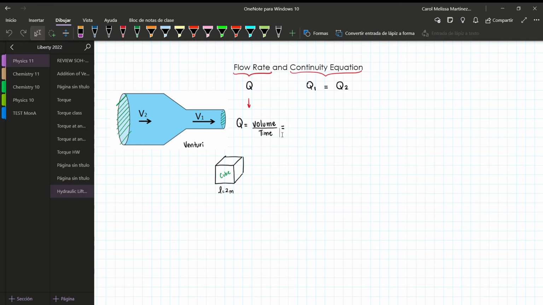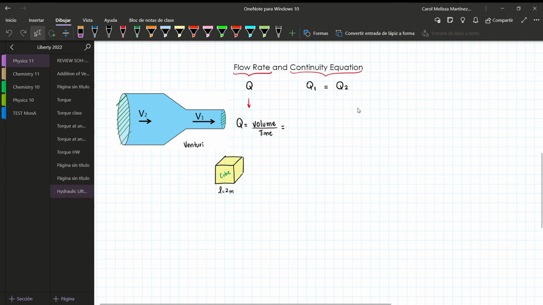This cube over here has a length of 2 meters. Well, that's too big, but anyway, this is just an example. So, how much volume does it occupy? I mean, how much space? All this space that is occupied by this cube is what we know as the volume, okay?